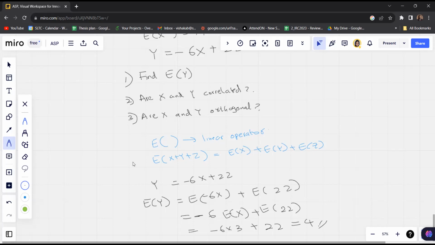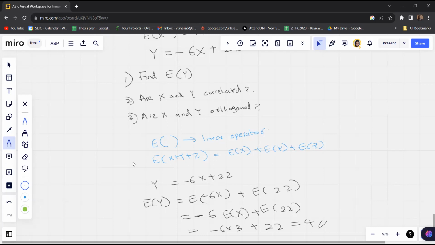Then do you have the answer for the second question? Is there any correlation between these two signals? It is 4 again. Am I right? Sorry, I'm asking whether they are correlated or not. Oh, the question was if they are correlated, what's the answer for EY? No, no. Are they correlated?